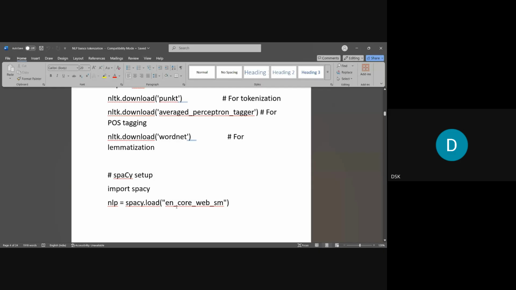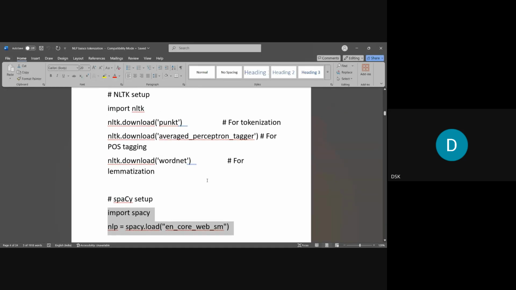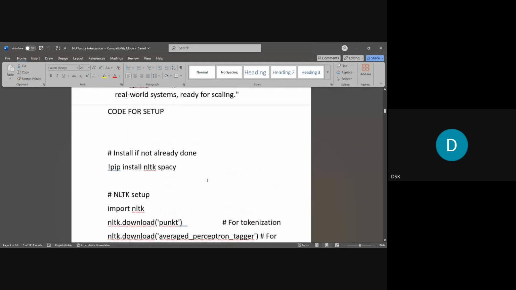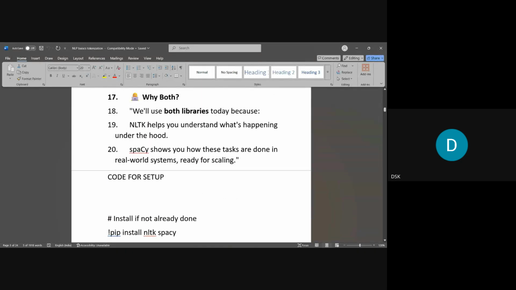Then the spaCy setup is done by importing spacy, and this is also required. Both need to be installed. That's how you will be setting up the spaCy library. As mentioned above, NLTK helps you understand what is happening under the hood, and spaCy shows how these tasks are done in real-world systems that are ready for scaling.